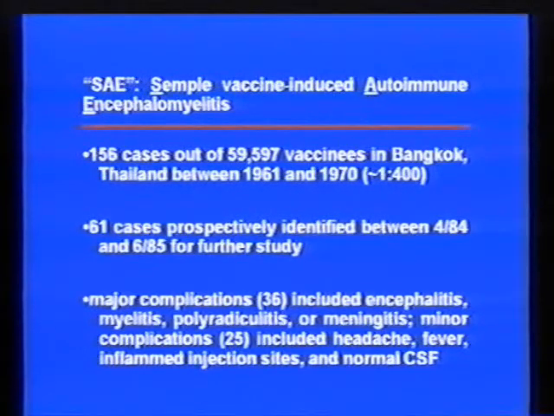So they were able to identify 61 cases of what they now refer to as SAE. So this is Semple rabies vaccine-induced autoimmune encephalomyelitis. Sorry, it's a mouthful. And they wanted to characterize these patients clinically, but just as importantly, they wanted to characterize what they thought were the immunological mechanisms at work here.